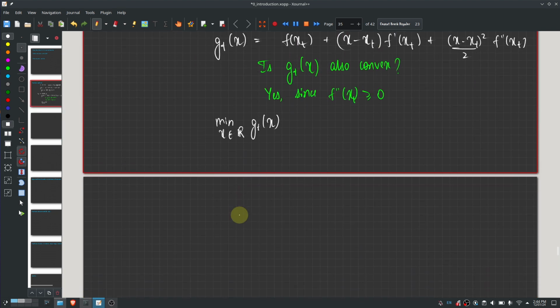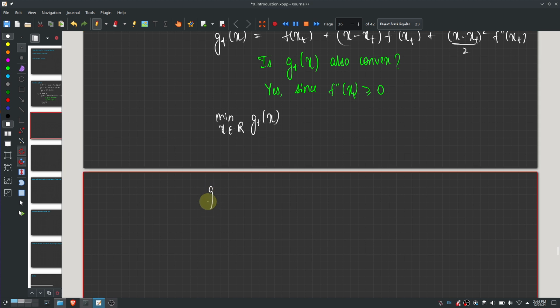Let's do that. So what is the first derivative equal to? It's f prime of xt plus, note that this is a function of x, right?